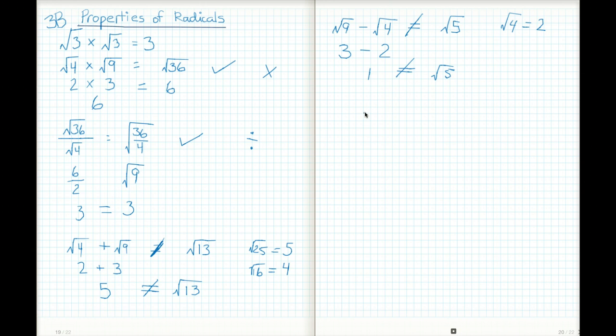Now what we've done here is not enough for a proof. In mathematics, if I wanted to prove you can always multiply radicals together, I need more than one example. But I'm going to assure you that it is true and you don't have to worry about proving it today.